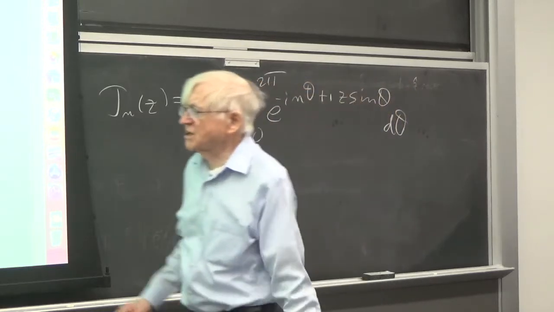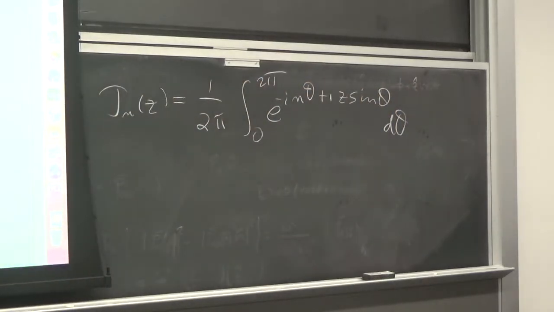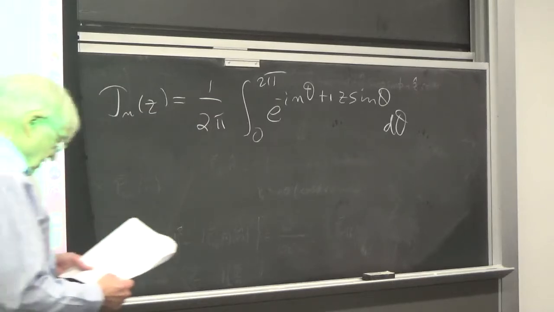So here we're just changing the interval, but since this function is periodic with period 2 pi, we can just shift it forward by pi, and it's the same integral.